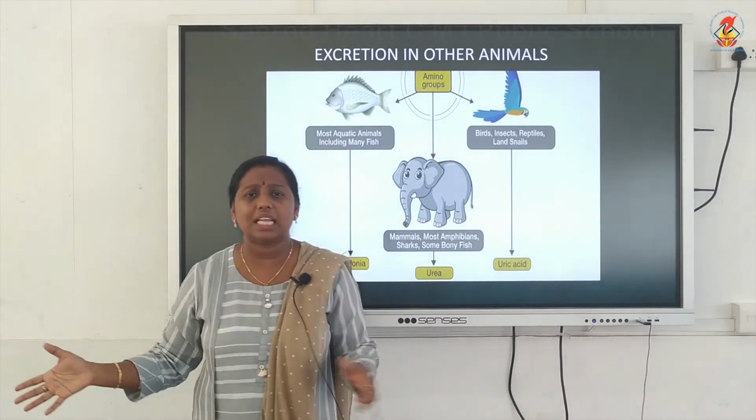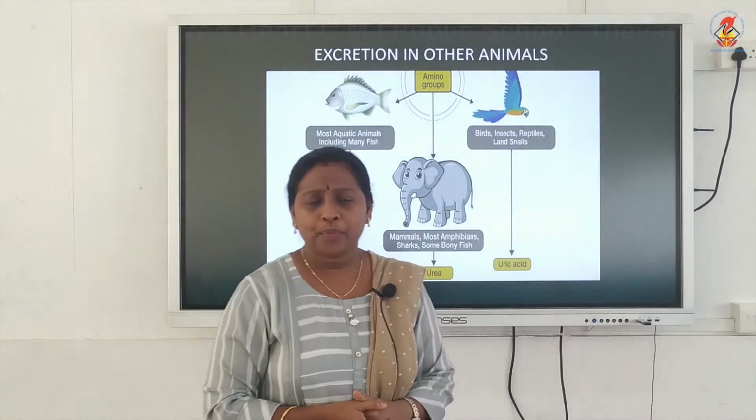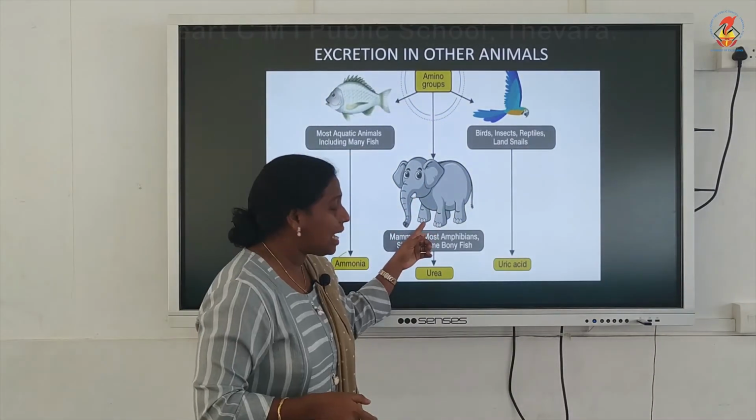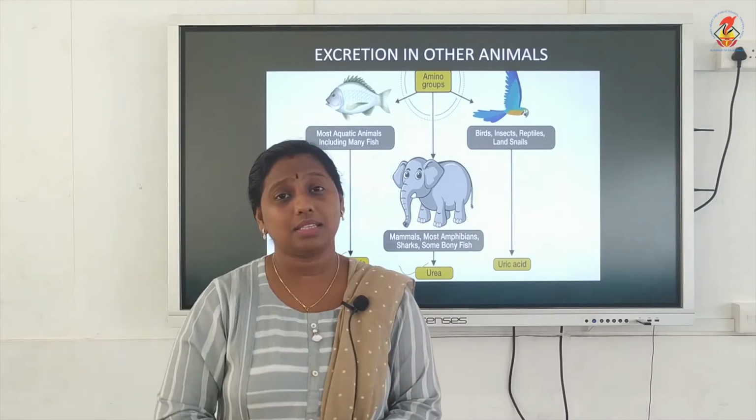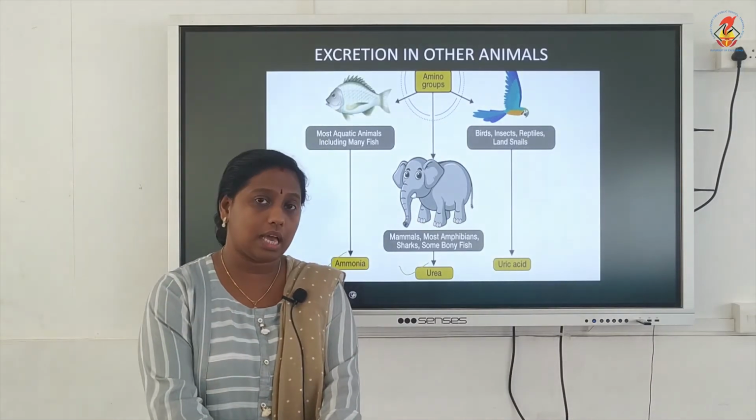This ammonia will easily get dissolved in the water. Whereas terrestrial animals like mammals, some bony fishes and some amphibians, that means the higher group of organisms, will excrete the product called urea. Urea is the excretory product in such organisms.